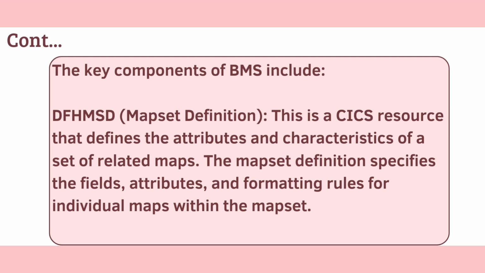This is a CICS resource that defines the attributes and characteristics of a set of related maps. The map set definition specifies the fields, attributes, and formatting rules for individual maps within the map set.